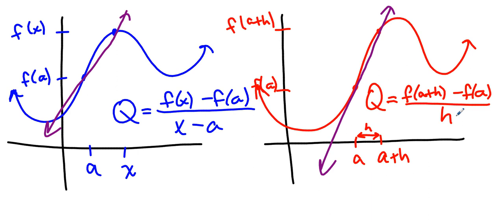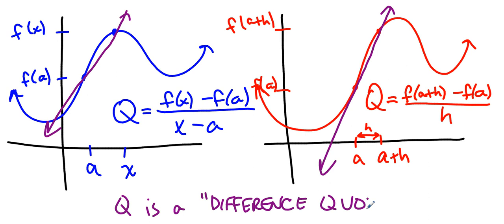In both cases, we call q a difference quotient. And all that means is it's a quotient of differences. It is a slope of a secant line. We find the slope of a secant line. We pretend that it is the slope of a tangent line.